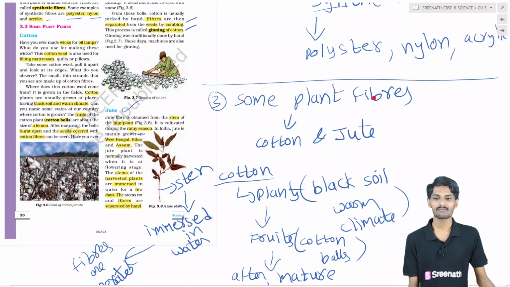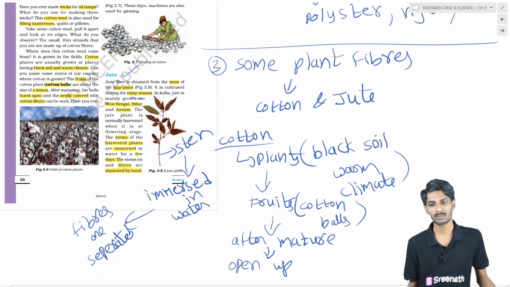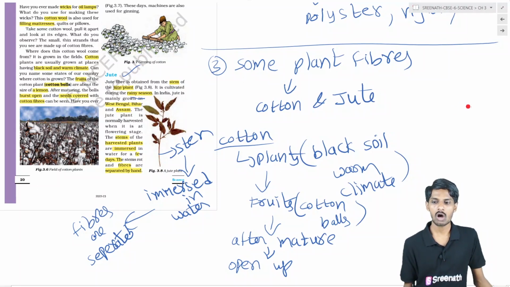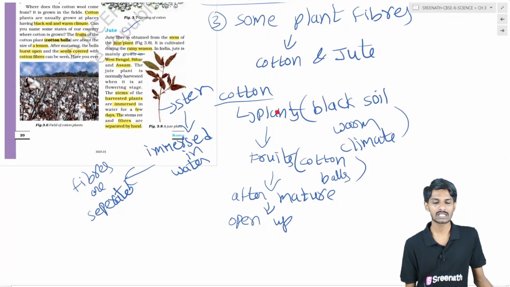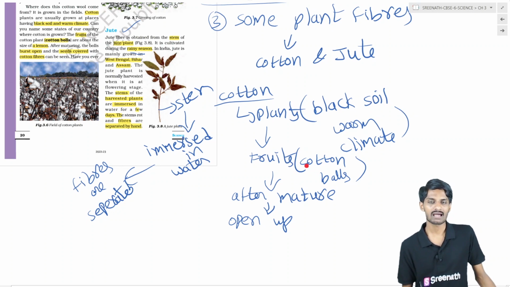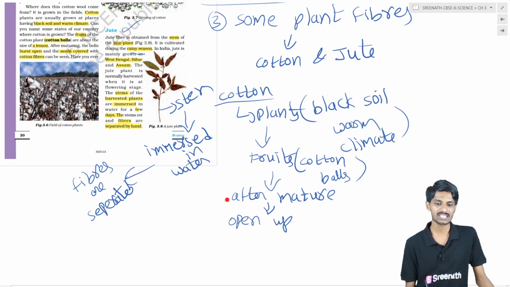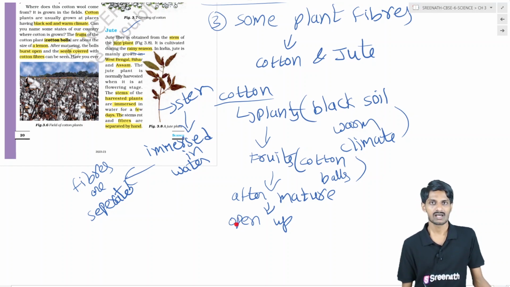Next is some plant fibers. What are the plant fibers? Cotton and jute. How is cotton fiber made? Cotton plants are grown plentifully in black soil and in warm climate. Cotton plants have fruits. We call those fruits cotton balls, and after maturing, these cotton balls burst open so that we can see the white strands of fiber.